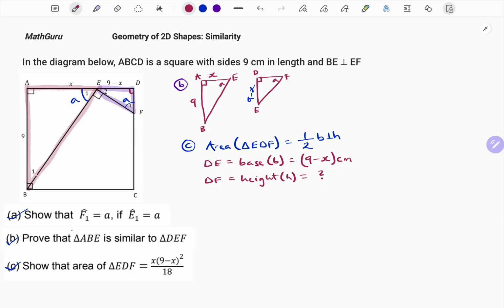So using my proportional sides, because I've been able to prove in the previous question that the two triangles are similar, to find the length DF, I'm going to state that the side AB from the first triangle divided by DE from the second triangle is equal to the side AE from the first triangle divided by the side DF from the second triangle, and that is the proportionality.